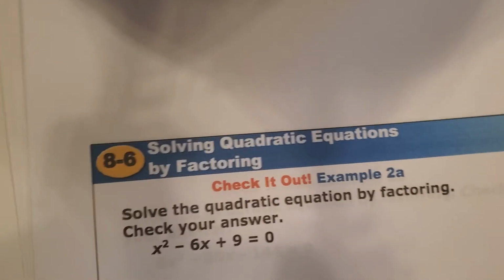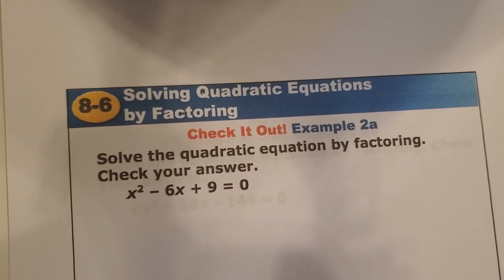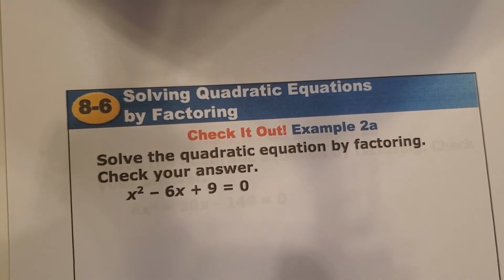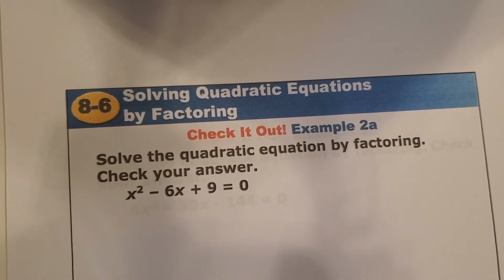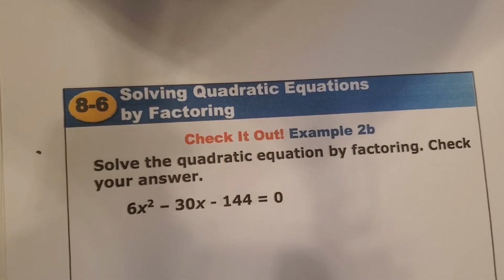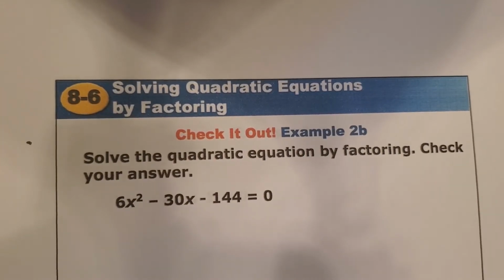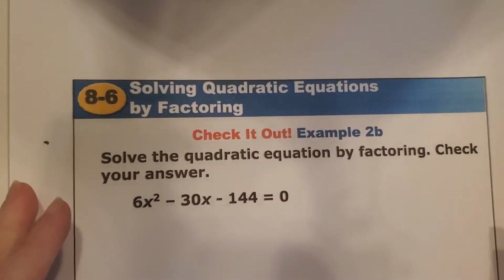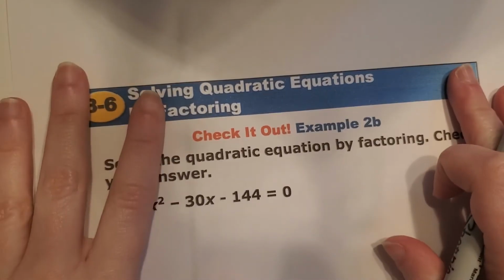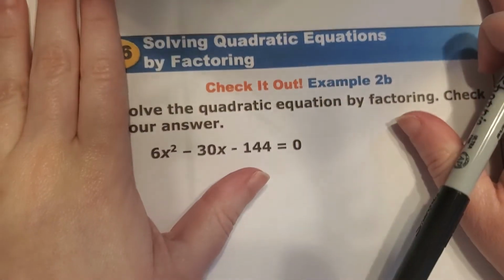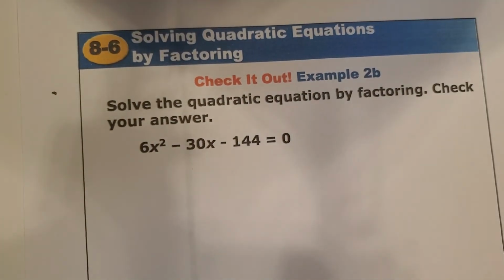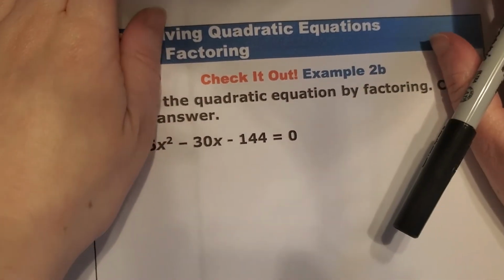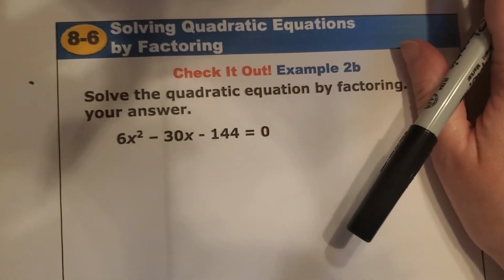I think this one is the same as the last one, so I'm going to hold off on it for now. This looks like it might be one of those where you would have to think about factors of 6 and factors of 144.